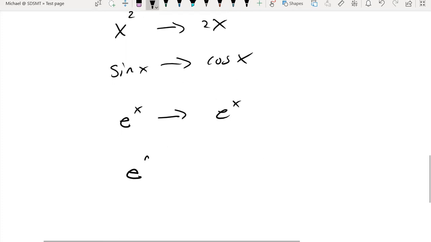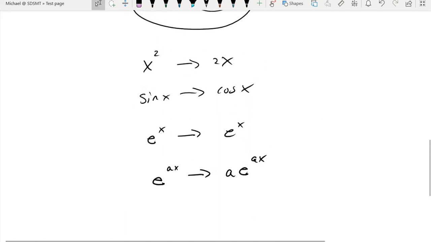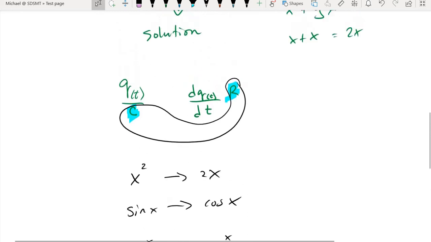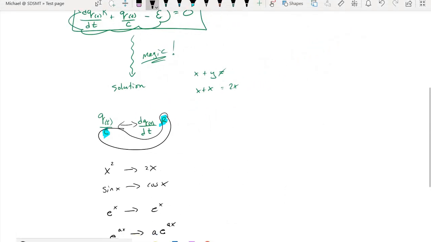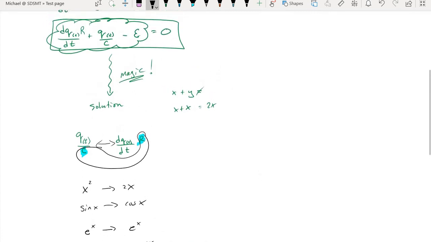So what if you had e to the ax? What would you get for a derivative? Well, you would get a times e to the ax. And that's exactly what we need in order for these two terms to combine in such a way that they're going to cancel out and make 0.